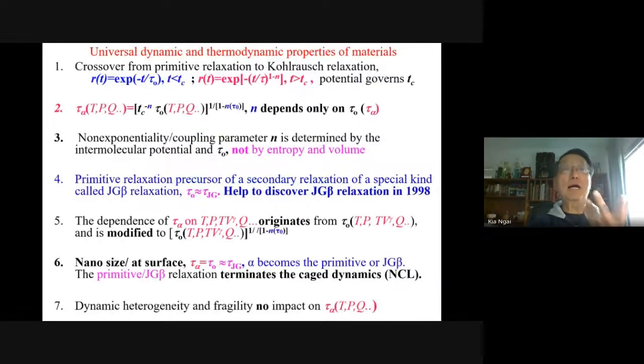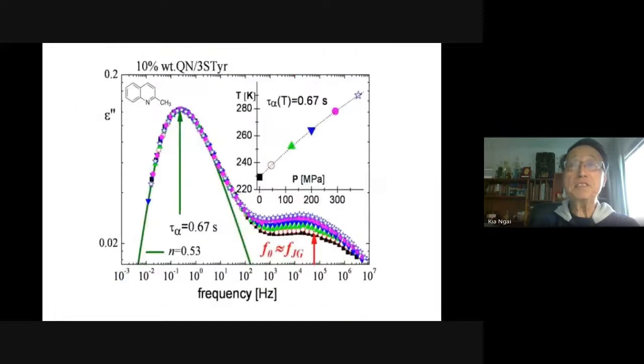Okay, so now I'm going down to number 5. Again, this you've seen before. That was Cangialosi and Simone's data, in which you saw before quinidine in tristyrene. You see that the alpha on the left is no surprise.